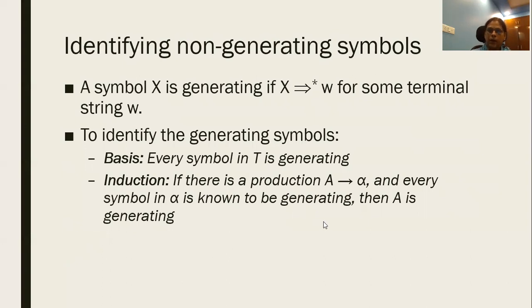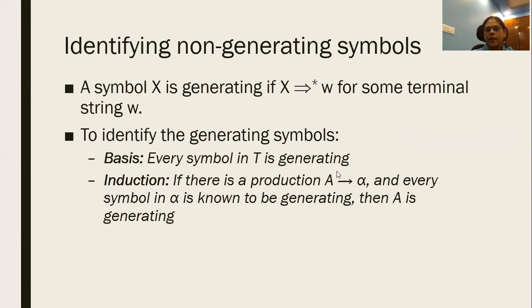So now let us look at a more formal process of identifying non-generating and non-reachable symbols. As indicated earlier, symbol X is generating if X can derive w for some terminal string w.